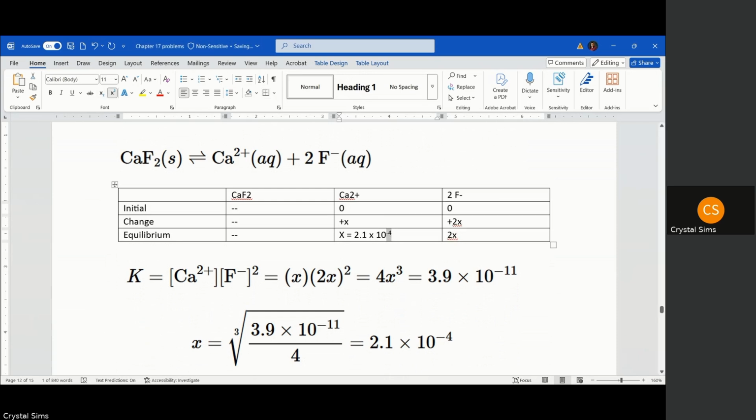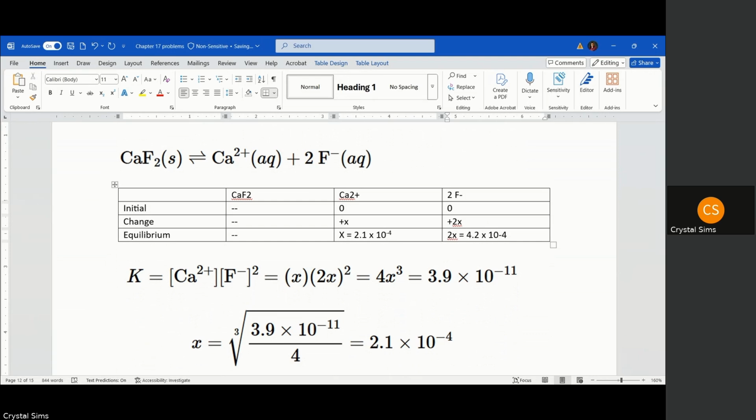But for fluoride, we've got to multiply that by 2, because we have 2 fluoride ions for every 1 calcium ion. I did not do this math earlier, so let me do this right quick. That gives us 4.2 times 10 to the negative 4.